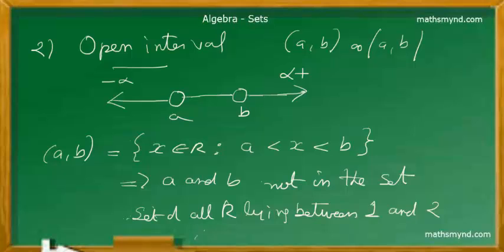So a is less than x is less than b, which simply implies that a and b are not in the set. And what about the real numbers lying between 1 and 2, which doesn't include 1 and 2? In such a case, we are dealing with an open interval, which is a subset of real numbers.